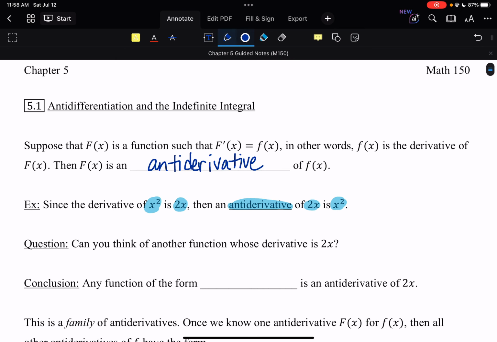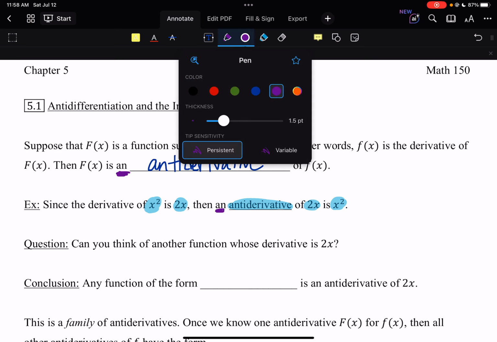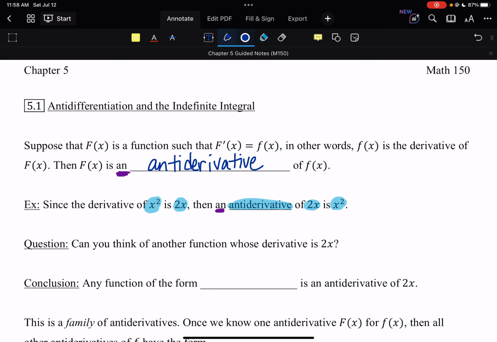Now, you might notice that I keep saying that big F is an antiderivative, not necessarily the antiderivative. Because the next question: can you think of another function whose derivative is 2x? There are plenty. You could take x squared plus 1, because the derivative of x squared is 2x, and the derivative of 1 is 0, so you would just be left with 2x.